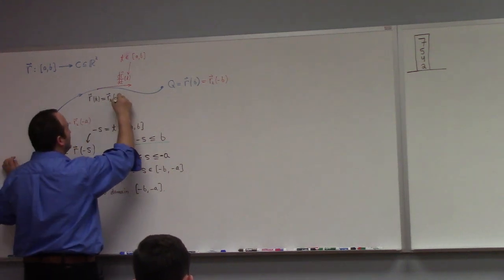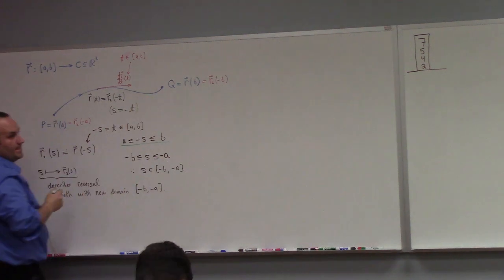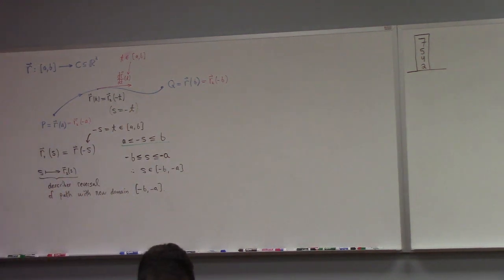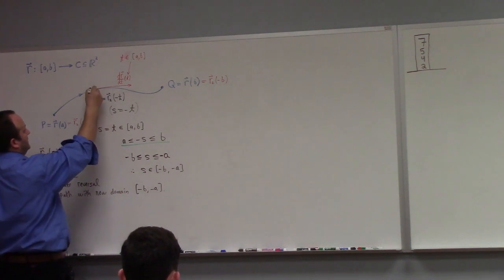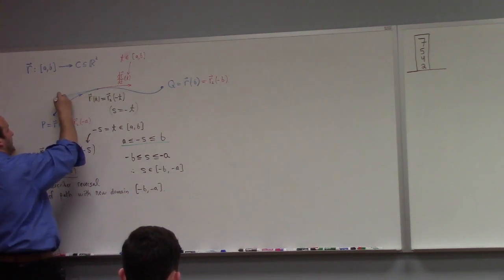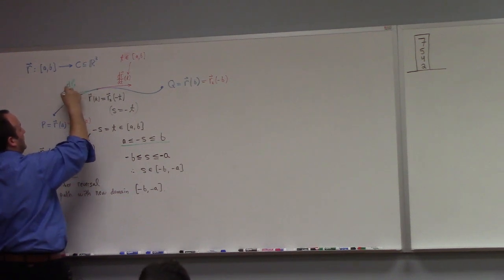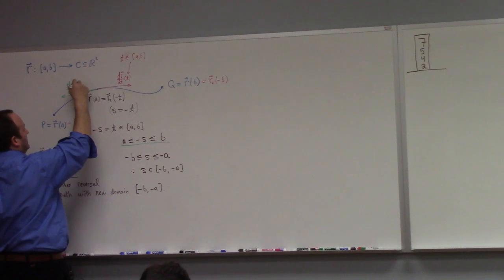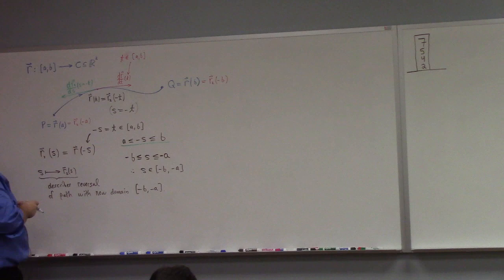In other words, s is equal to minus t. And what we expect is that dr2/ds evaluated at s equal to minus t should be the reversal. For a specific example, you could work it out.